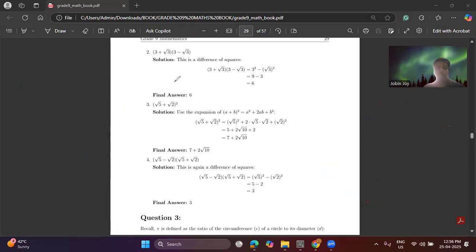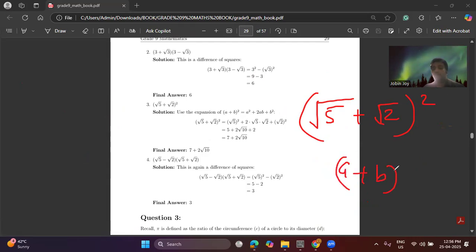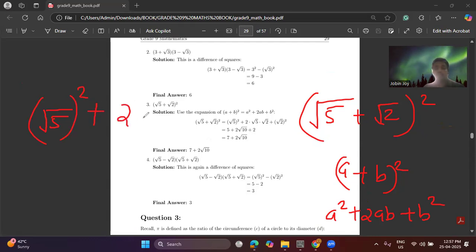Then next is root 5 plus root 2 the whole square. It is in the a plus b the whole square form, right? What is a plus b the whole square? a square plus 2ab plus b square. So that means root 5 the whole square plus 2 into root 5 into root 2 plus b square, which is root 2 square.